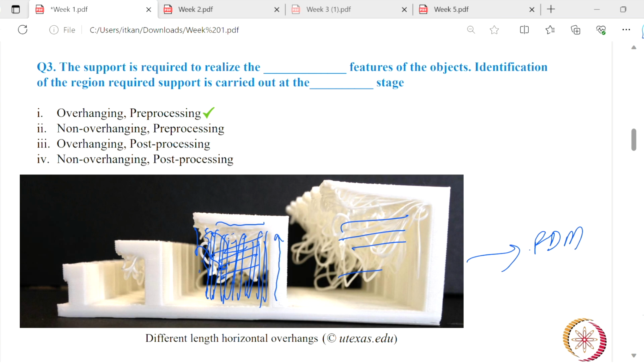Suppose we are printing ABS, then we can use another support material like HIPS, which can be removed by dissolving in limonene solution. Now, we have different length horizontal overhangs, as it is written here. Okay, so if I am increasing the length of the overhang, there are a lot of inaccuracies.